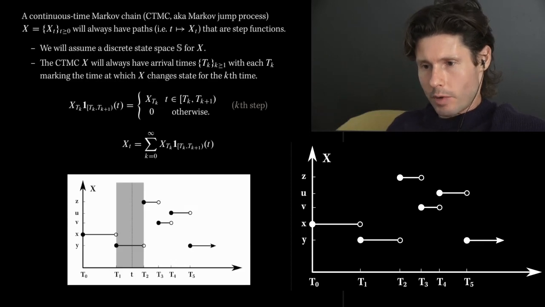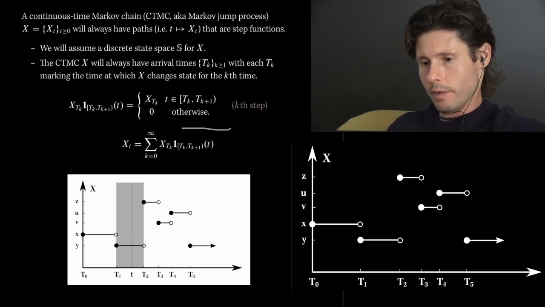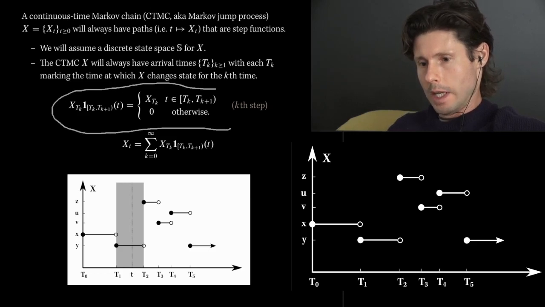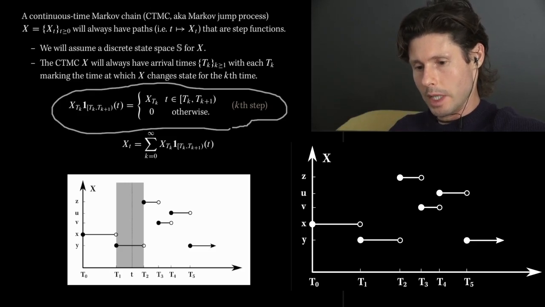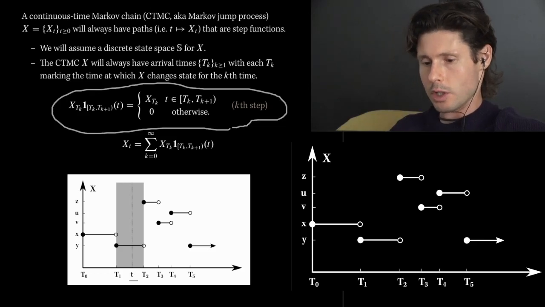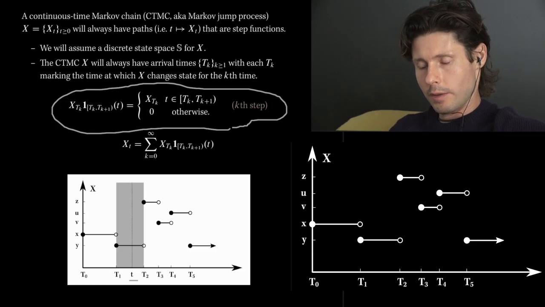So we have these arrival times or jump times, and I'm going to do the same thing as I did in the definition of the step function, which is to define a step. So here I've taken the time, a little t. This little time t is deterministic, and it's going to have to fall in one of these half-open intervals.